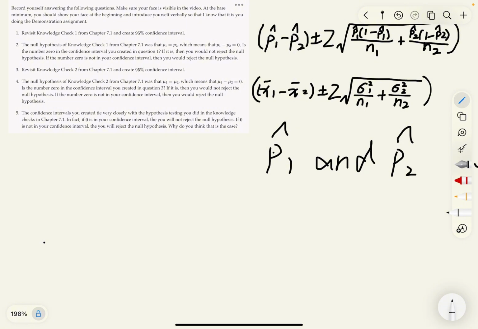For question 3, revisit knowledge check 2 from chapter 7.1 and create a 95% confidence interval.